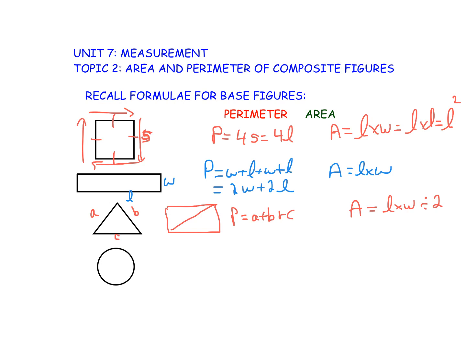And then the last shape that we have here is our circle. And for a circle, we're generally given either the radius or the diameter. If we're given the radius and we're asked the perimeter of a circle, the perimeter of a circle has a different name. It's called circumference. And so instead of P, we write C, but it means the same thing. Circumference just means the distance all the way around the outside of the circle.